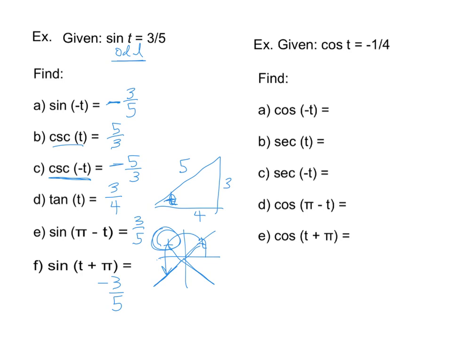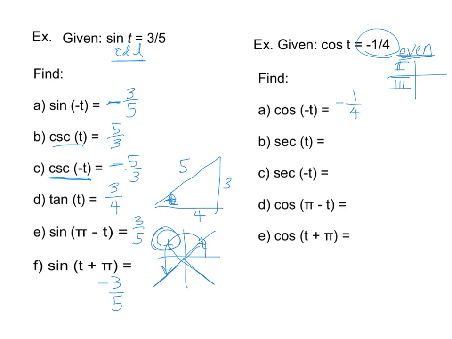All right, same thing with cosine, only cosine's even. Now, to complicate it, they give you a negative ratio, right? The cosine of an angle t, adjacent over hypotenuse, is negative. So where is cosine negative? Well, cosine's negative in the second and third quadrants, all right? So because it's an even function, the ratio is going to be the same for negative t.